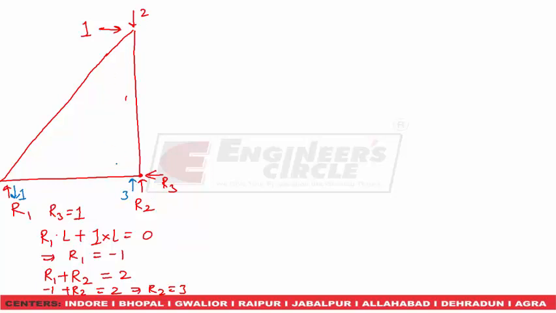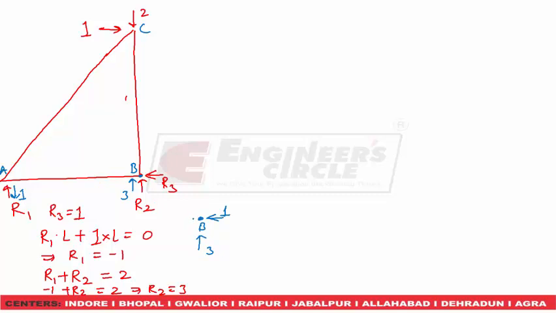So solving the member forces, let us assume this member be A, this member B and this member C. So at joint B, let us draw here, this is joint B. From here it is R3 force which is equal to 1. From bottom it is R2 force which is 3.